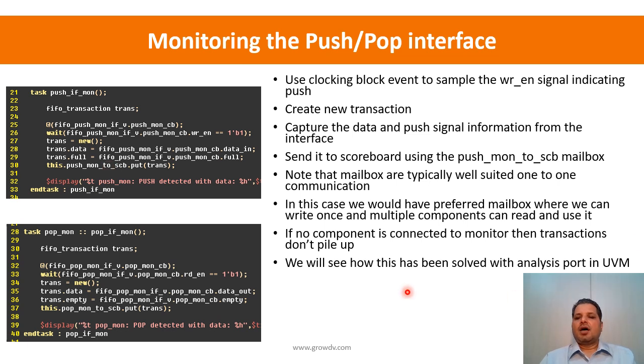That's where UVM has solved it with the help of analysis ports, which address these issues. You can connect the output of the monitor, a single output communication channel, to multiple components, and all of them can source the same information, and if they are not present, it won't block the functionality of the monitor.